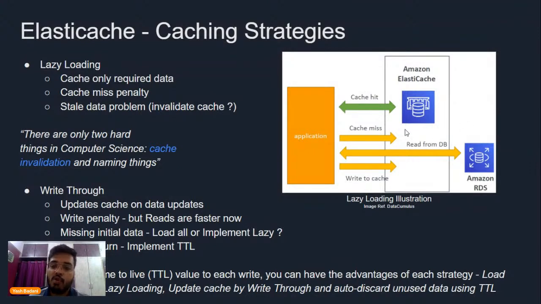So your write penalty is still okay, but now your reads are quite fast because you always get the latest data and you will not be missing a cache, right? Even though you miss a cache, what you can do now is implement a hybrid approach. But before implementing the hybrid approach, let's talk about the cache churn.